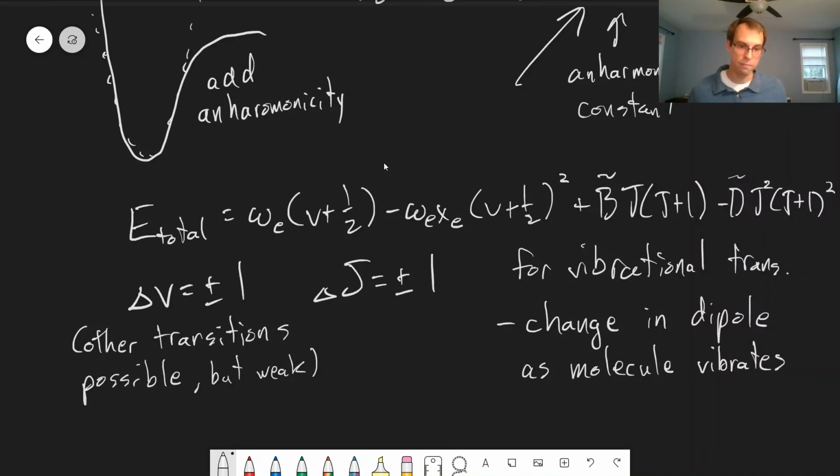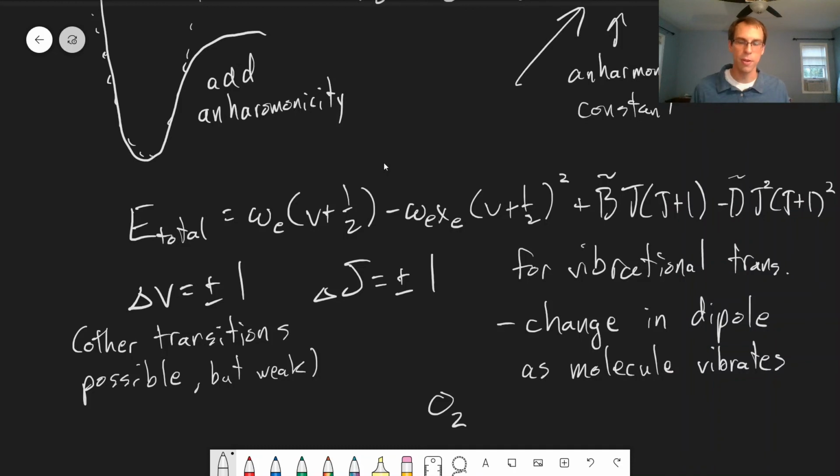So if we're looking at something like O2, you still don't see a vibrational spectrum for O2 that you can observe via absorption spectroscopy. Same thing for any homonuclear diatomic, because the dipole moment stays zero even if the molecule stretches and contracts.